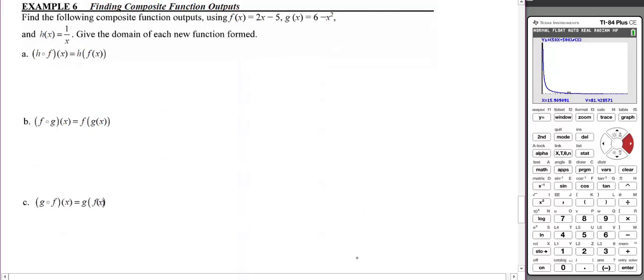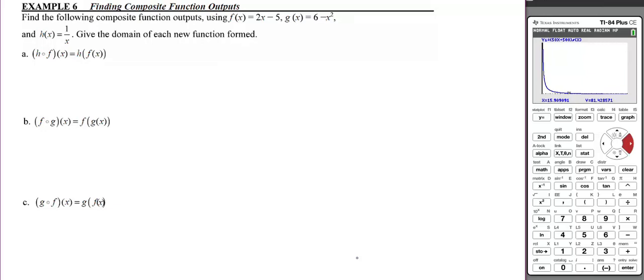Example 6, finding composite function outputs. Find the following composite function outputs using f of x equals 2x minus 5, g of x equals 6 minus x squared, and h of x equals 1 over x. Give the domain for each new function formed.